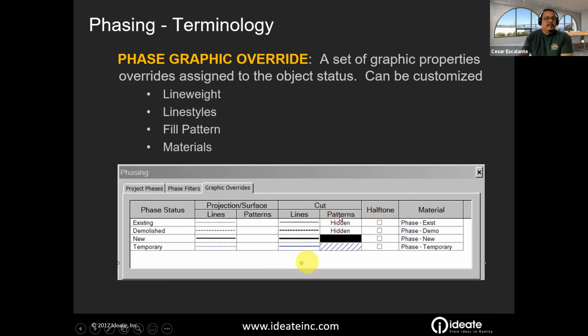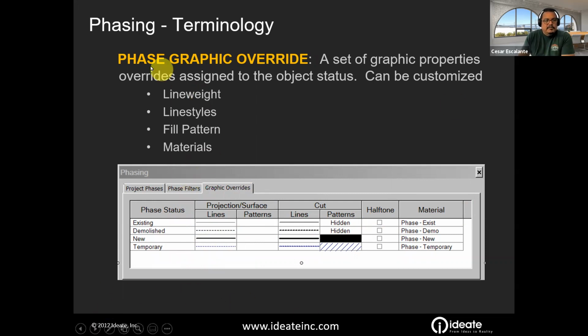In this particular phasing, there's no pattern. And then demolished objects. Some companies represent them in black, some companies represent them in gray. I don't know, it's a preference of documentation. But you can change the graphic overrides according to your preferences.